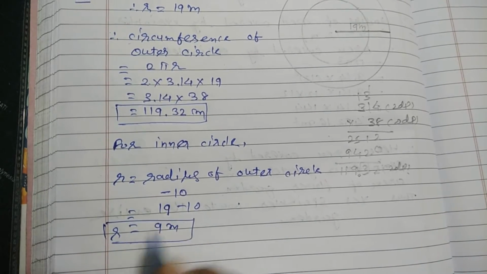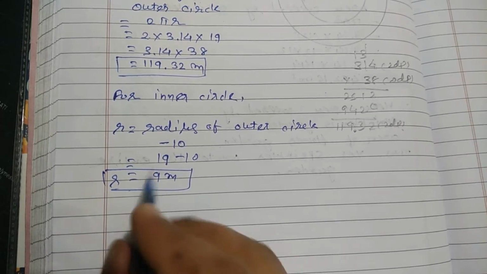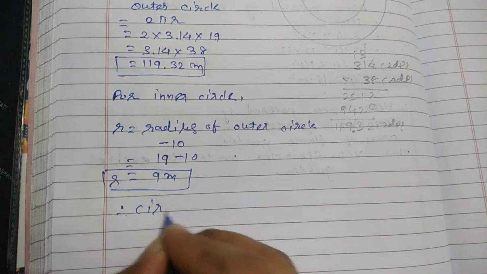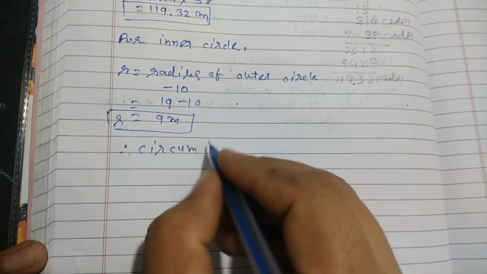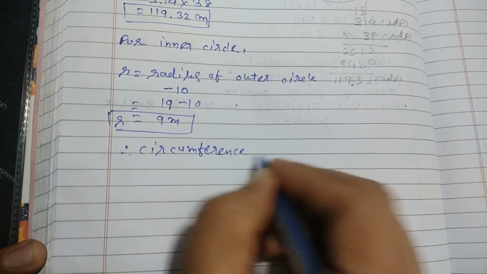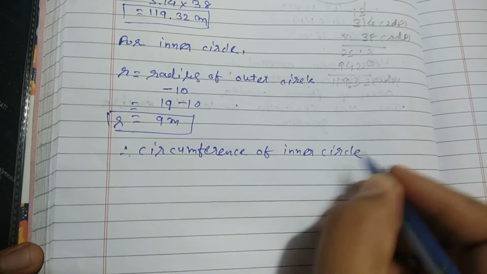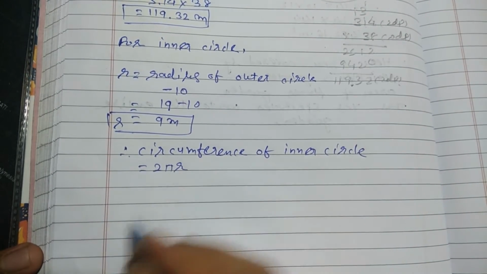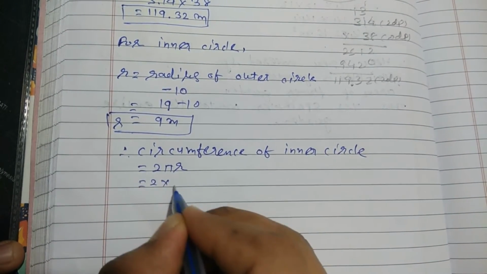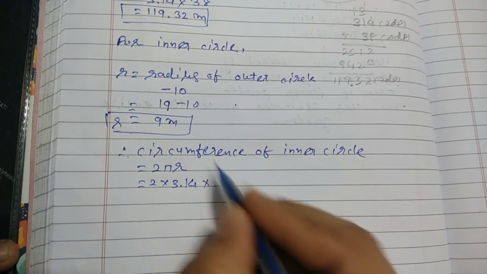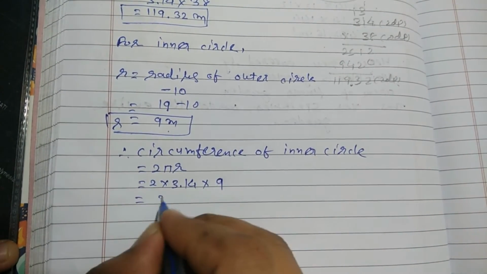So the radius for the inner circle is 9 meter, and therefore circumference of inner circle is equal to 2 pi r, that is equal to 2 multiplied by 3.14 multiplied by r, that is 9.